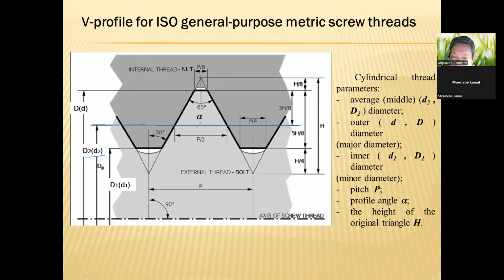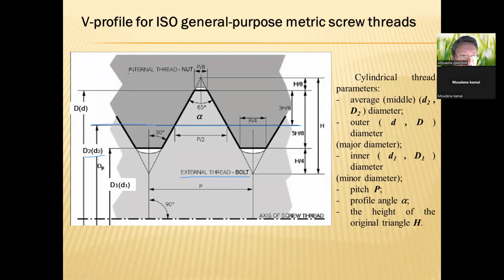Outer diameter, D without suffix, small d or big D. Small d we use for the bolt and big D we use for the nut. The nut has the internal thread and the bolt has an external thread.